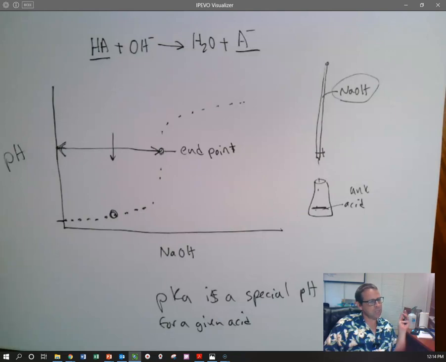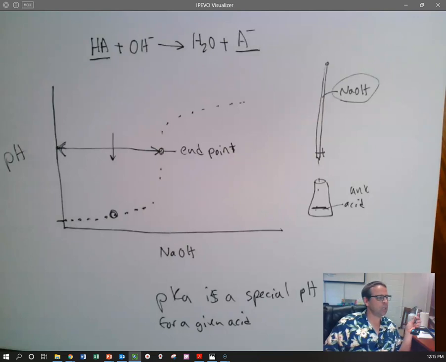Those are the pKa's of the 6 different acids, right? So when we reach that pH for whatever the unknown acid is, theoretically, that would mean we're halfway there. Now, we don't know how much acid there is for each one. We don't know the concentration, but we can start.